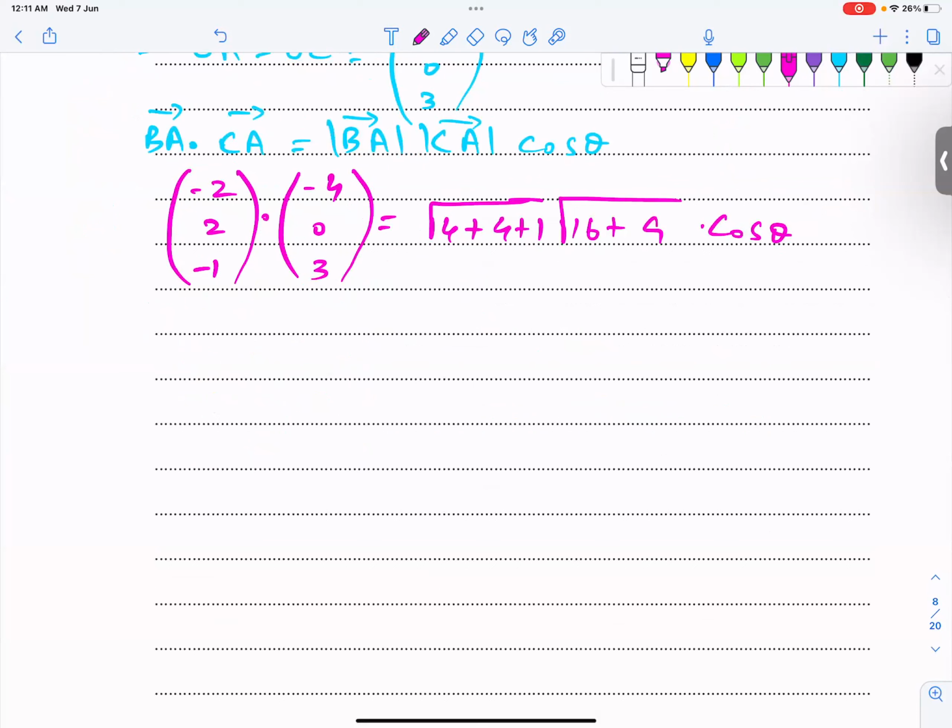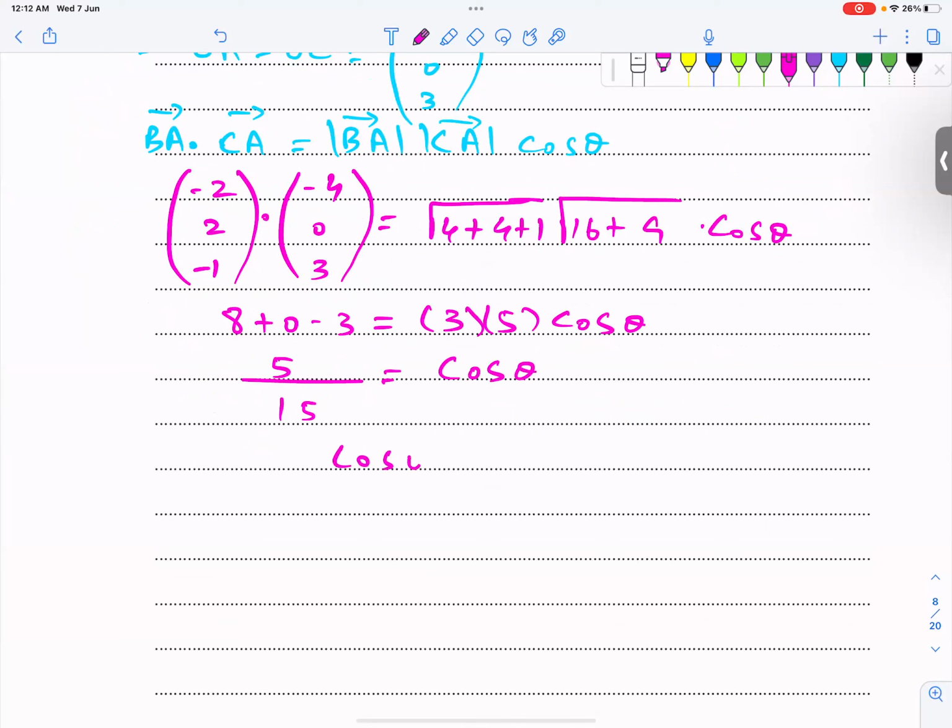The scalar product becomes 8 plus 0 minus 3, which is 5. 4 plus 4 plus 1 is 9, whose root is 3. 16 plus 9 is 25, whose root is 5. So 5 equals 15 cos of theta, and 5 over 15 is cos of theta. So the cosine of the angle between BA and AC is 1 over 3.